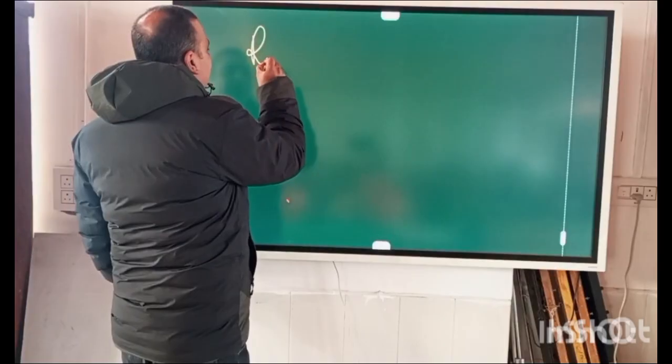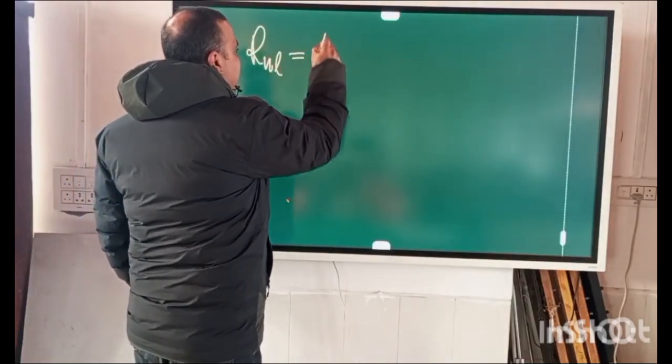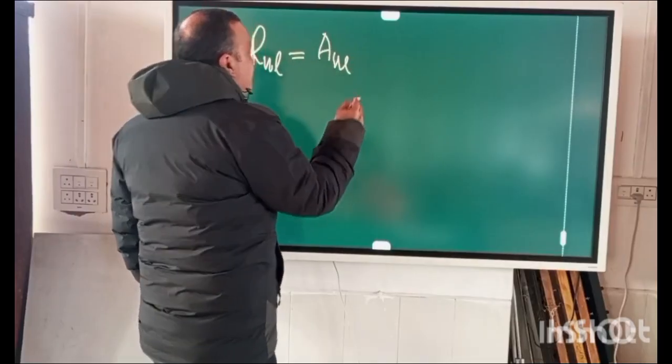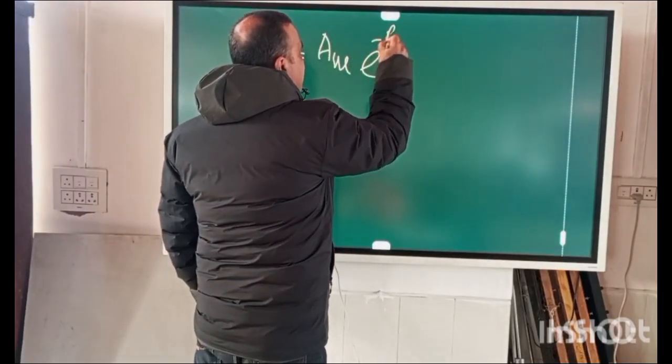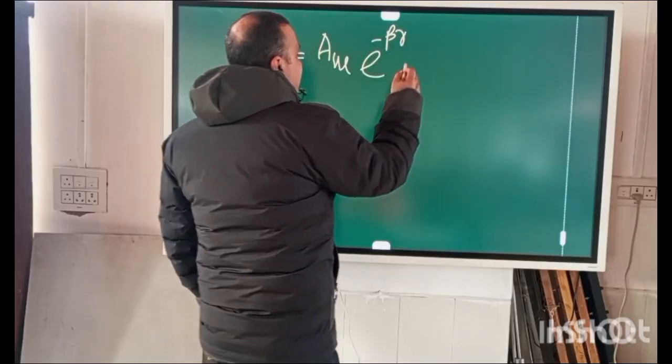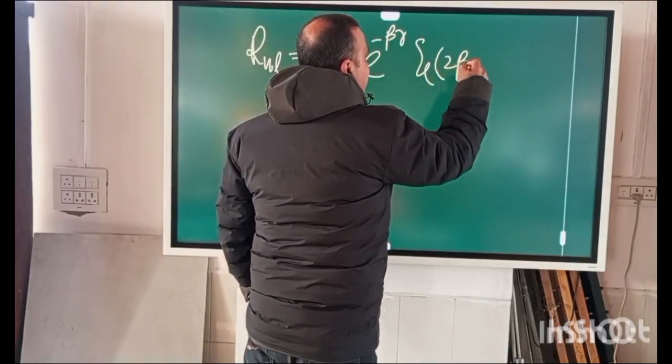So if I rightly go back, where we stopped last time is something like that. We wrote down the radial part R n L as A, and then e to the power of minus beta R, and then zeta of 2 beta R.